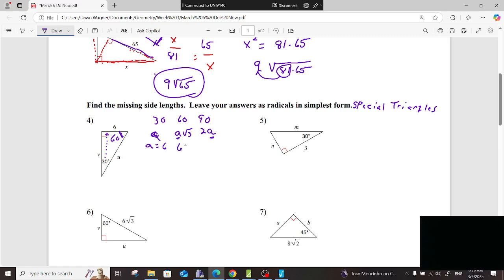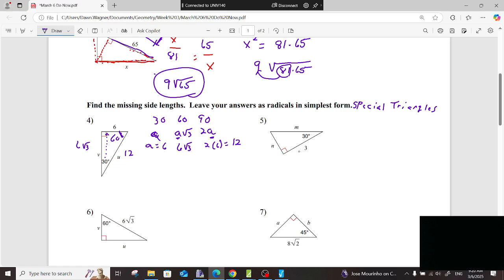So this would be 6 square root 3. And this would be 2 times 6, which is 12. So this one just followed the pattern directly. Most of the ones on your quiz will be following it directly. I will have maybe one or two that you'll have weird square roots, okay? But I needed to do that for those who are going to college, and it is part of our standards.